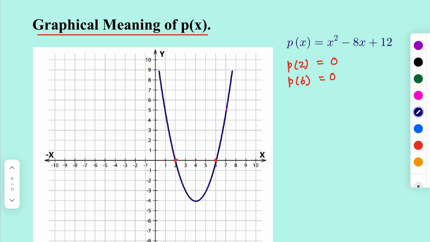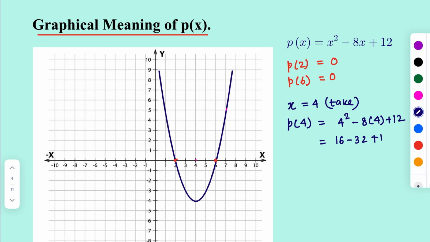Now if you put x is equal to 4, then p of 4 will be equal to 4 square minus 8 into 4 plus 12. That is 16 minus 32 plus 12, that is equal to minus 4.